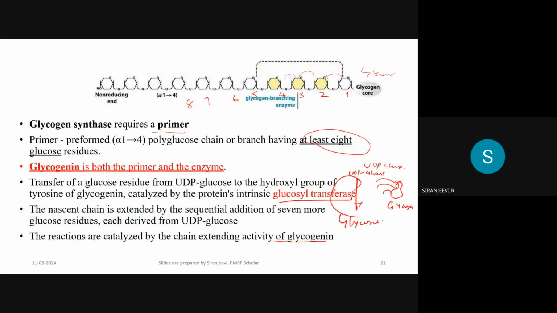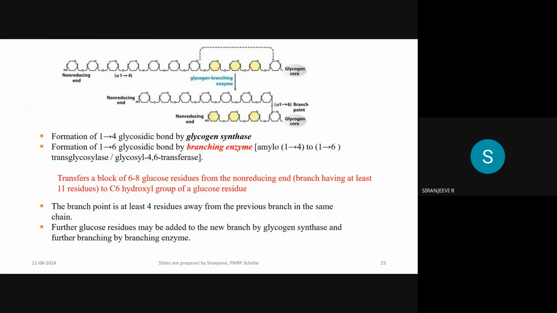So what does it do in the next step? Then we need the branches. How will they form? Once it synthesizes enough glucose residues, for example 11 to 12 molecules of glucose added to the glycogen core, here we count 1, 2, 3, 4, 5, 6, 7, 8, 9, 10, and 11. So 11 molecules are added.